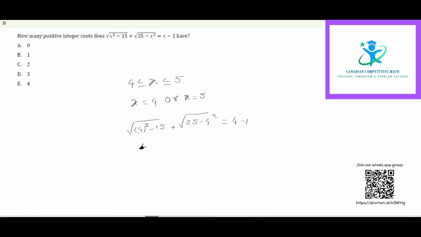This is square root of 1 plus square root of 9, which is 1 plus 3, equal to 3? It is 4, not 3. So this means x equal to 4 is not a solution.